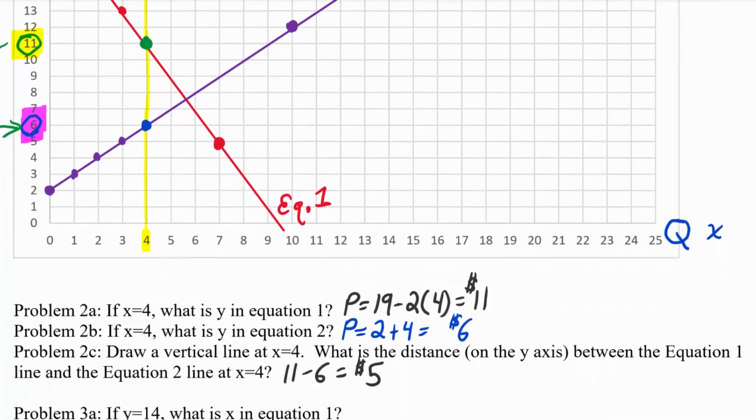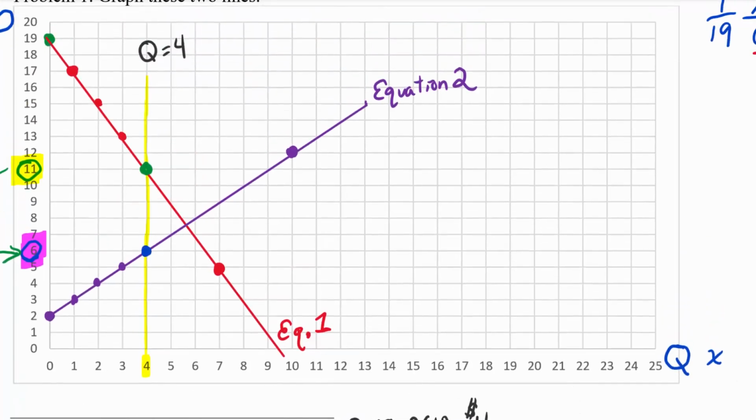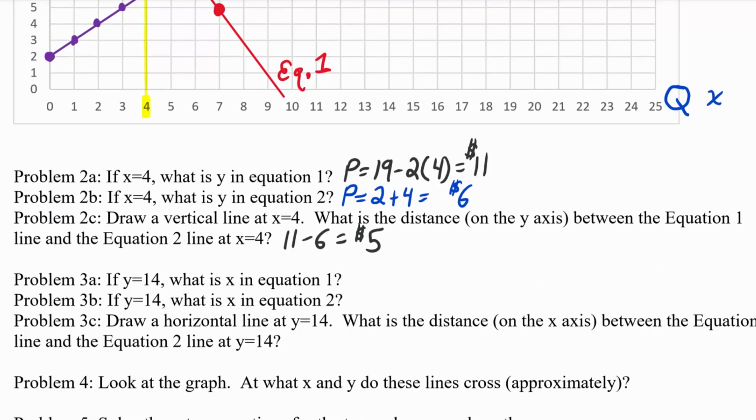All right, let's think about looking at this a little bit differently. What if instead of someone telling us that we're interested in focusing on this quantity of 4, somebody told us y equals 14, or the price equals $14? And we wanted to be able to tell someone everything we can learn about what's going on if the price is $14.